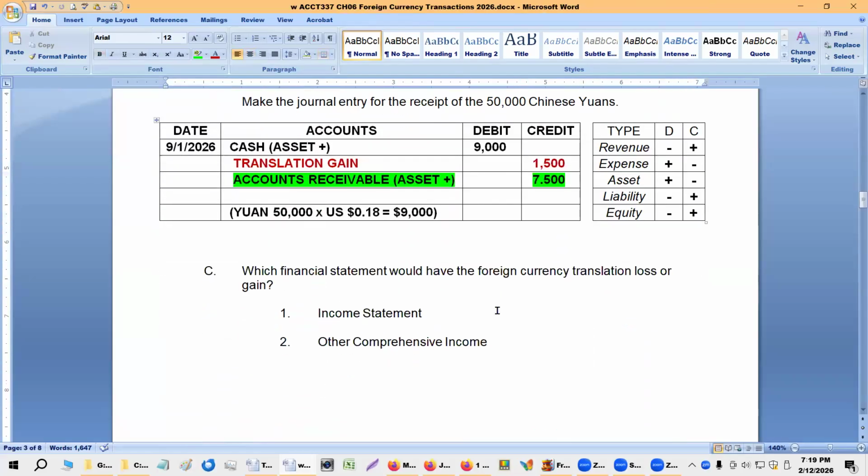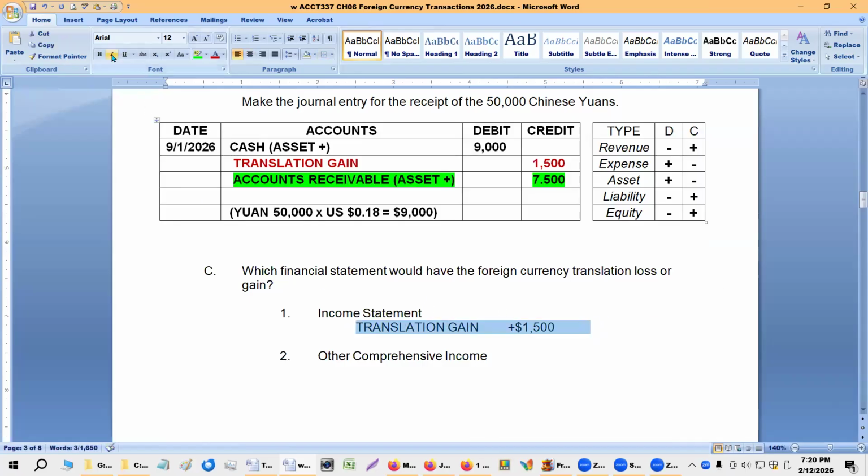And so that goes on the income statement. So it'll be plus 1,500, and add it to your income.